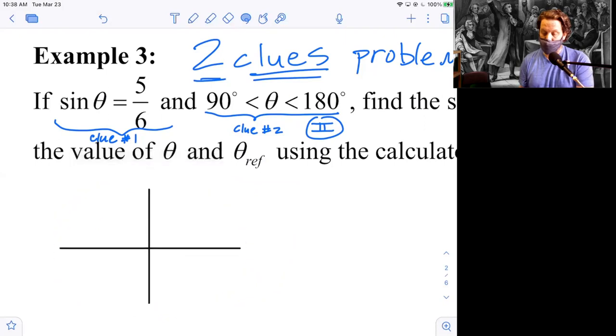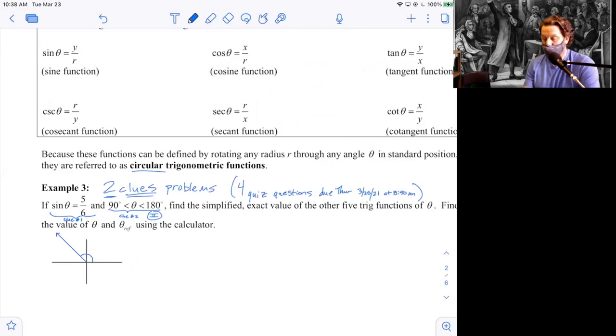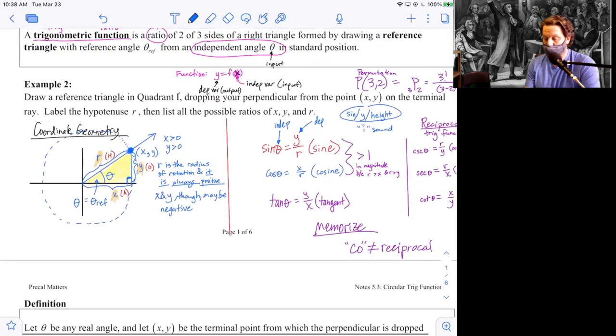So go ahead and draw yourself your little X and Y axis. I still have mine on my clipboard. Now what we're going to do is use clue number 2 first. It doesn't matter what order you use the clues. I'm going to draw a generic terminal ray out here in quadrant 2.